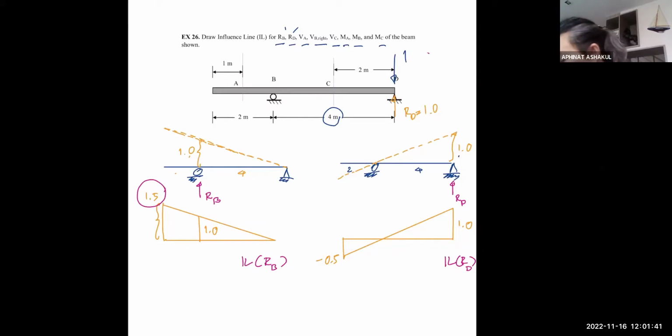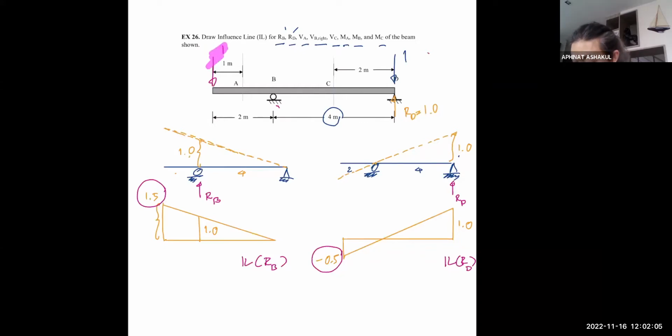And like I said before, when we have the unit load here, you would expect RB to be greater than 1, right? And now RD would have to be the downward reaction. And we have it here, minus 0.5. And when you have the unit load here, okay? You still following me?